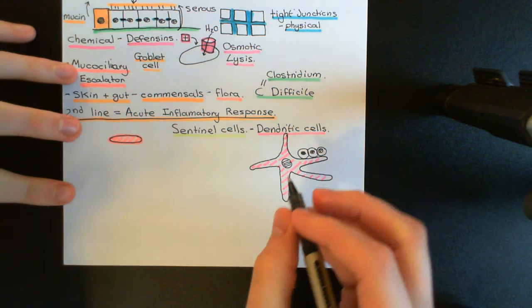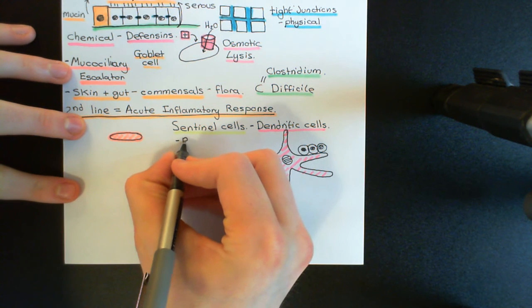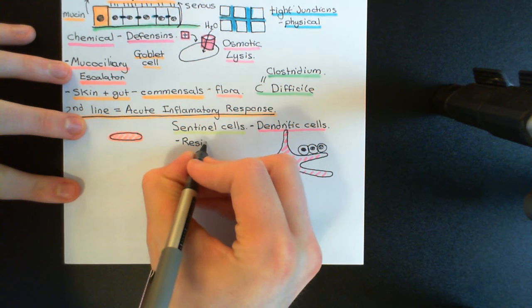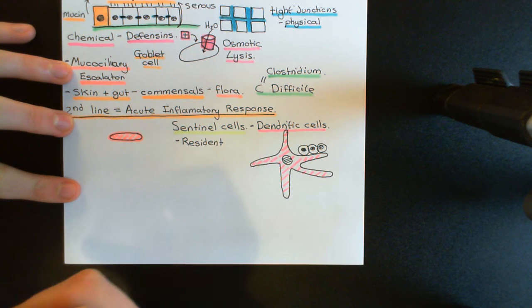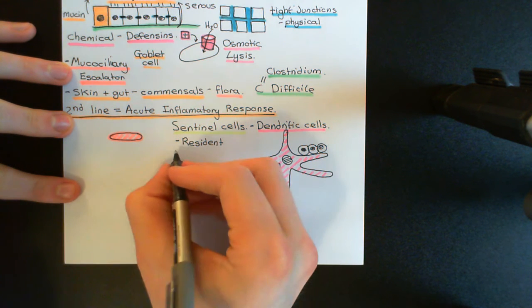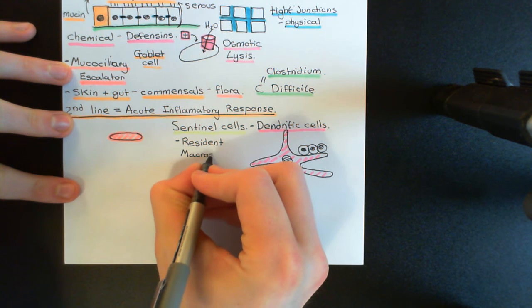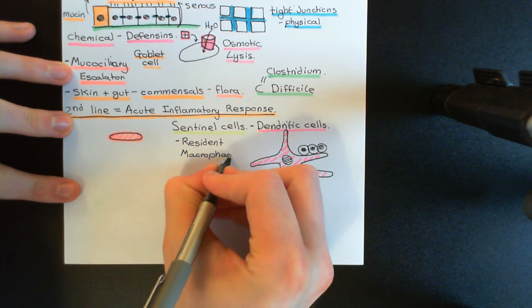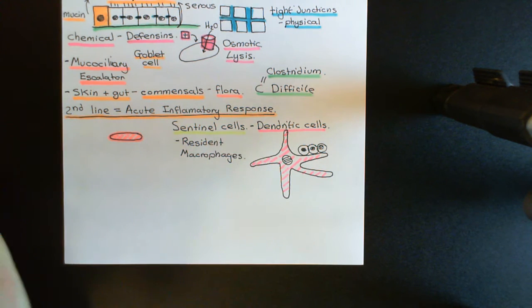Okay, right. Another major type of sentinel cell then are resident macrophages. So macrophages are a type of cell of the immune system that we're going to recruit hugely as part of the acute inflammatory response. However, tissues of the body do have macrophages already present within them, and these are known as resident macrophages, and these are working as sentinel cells.